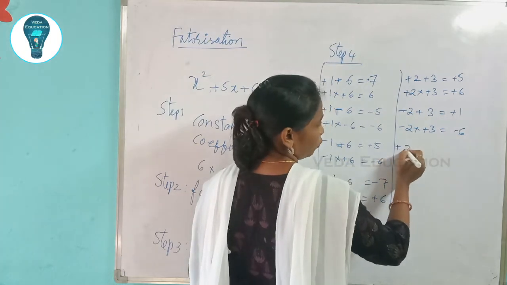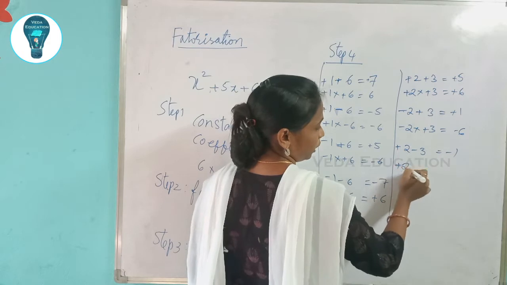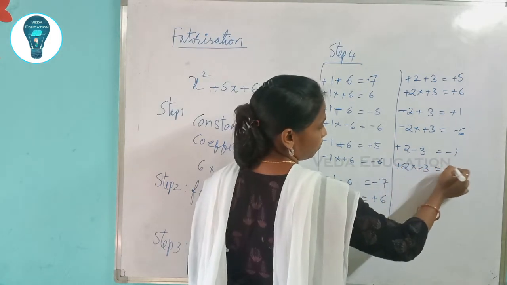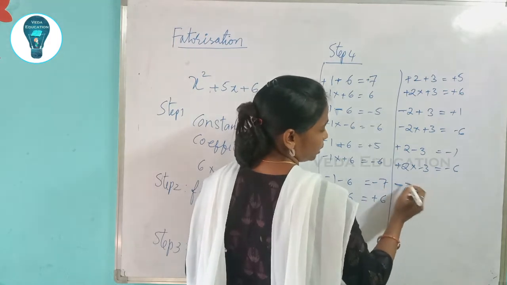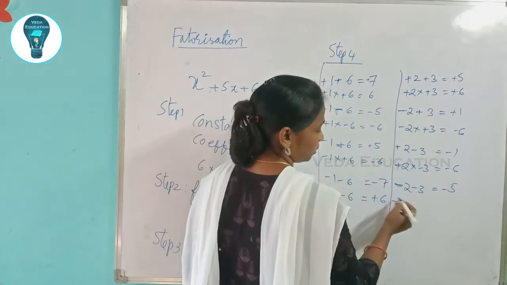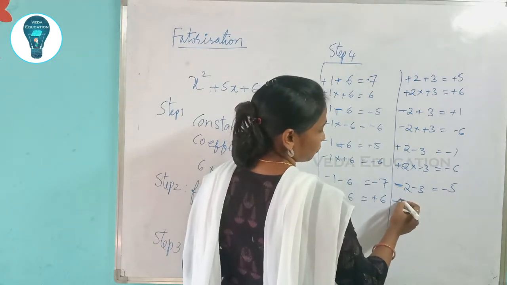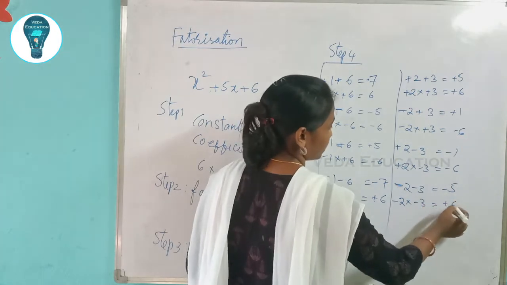Next, plus 2 minus 3, you will get minus 1. Plus 2 into minus 3, you will get minus 6. Next, both numbers having the same sign: minus 2 minus 3, you will get minus 5. Next, minus 2 into minus 3, here you will get plus 6.